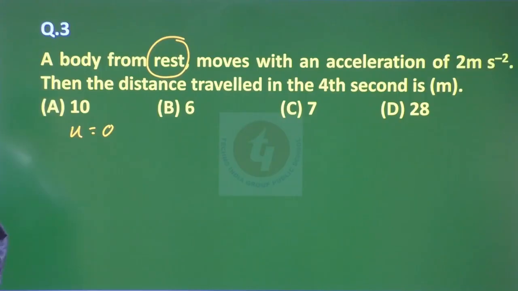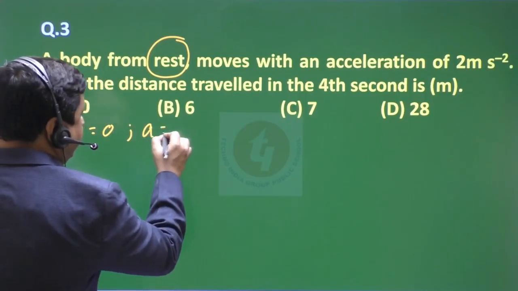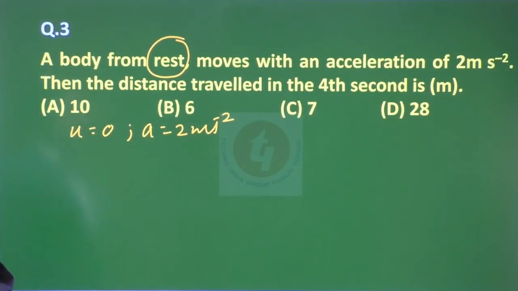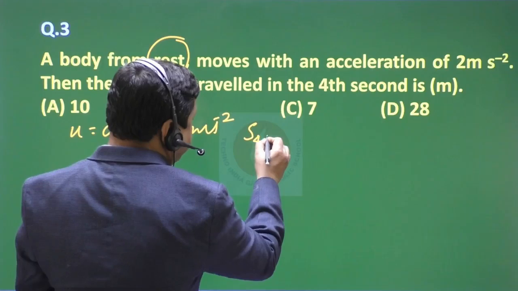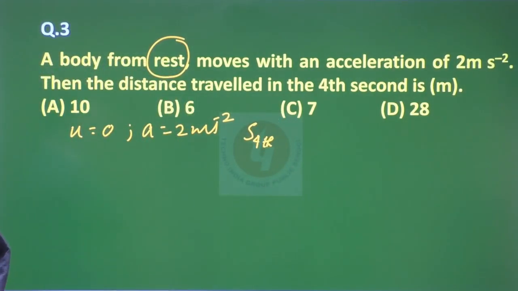Initial velocity is 0, and acceleration is 2 meter per second square, then the distance traveled in 4th second, that means you have to find S4.